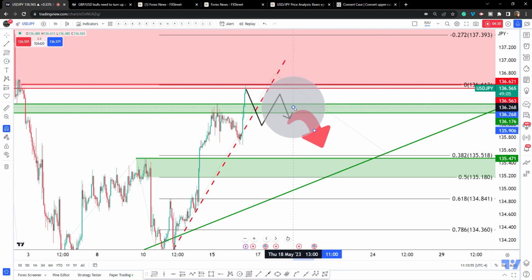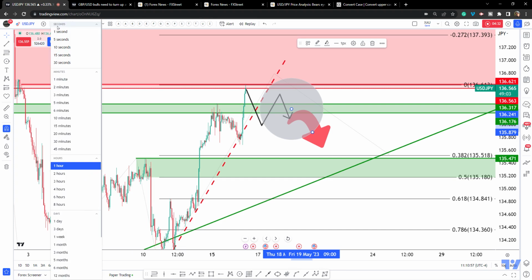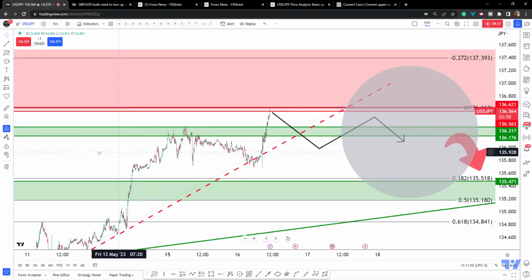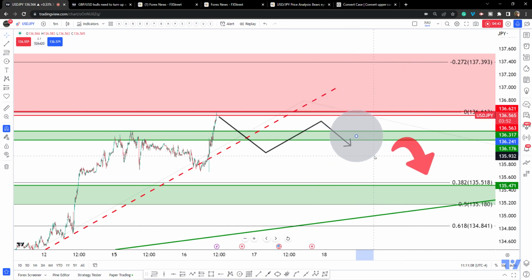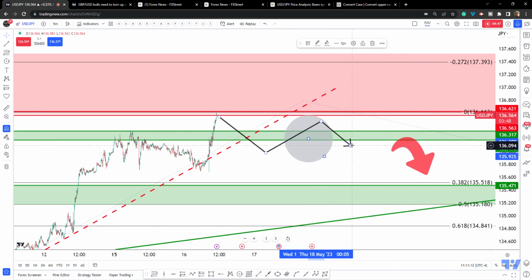consolidates, moves into distribution, and you'd be looking for opportunities on the lower time frames to the price action to form bearish structure from which to lean against as resistance to therefore take it down.